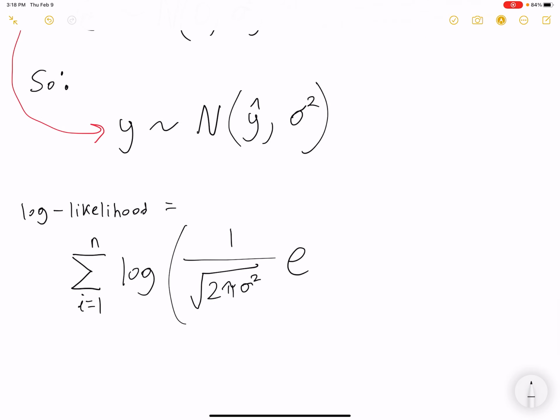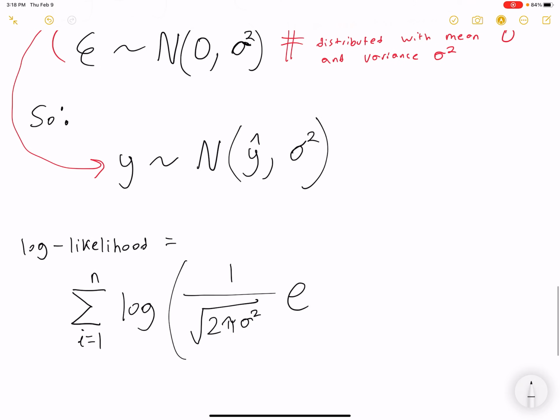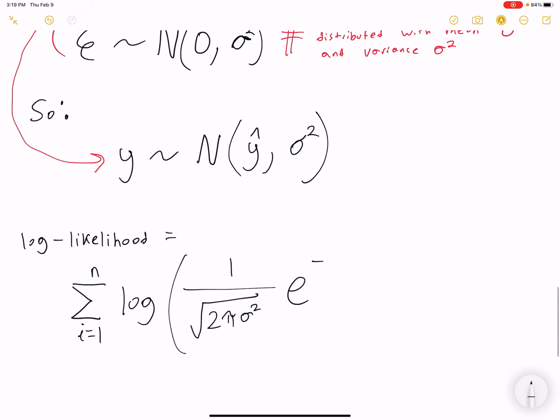There are just two ways of writing the same thing, with two equations or one equation. So back to writing our log likelihood.